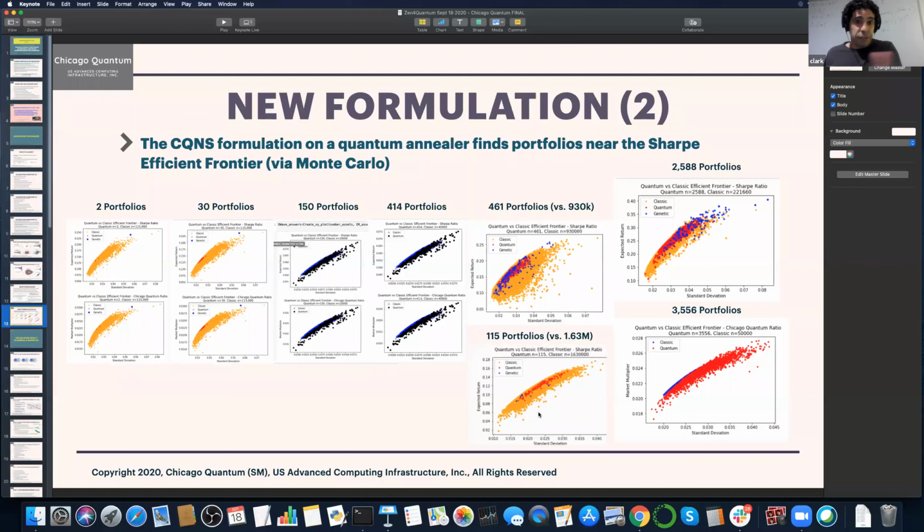Here we have a bunch of results, these portfolio sets, 30, 150, 414. You can see how many portfolios we've tested and where they land in the Chicago Quantum Net Score with the different methodologies. I think Jeff has all the pictures, so ask him.